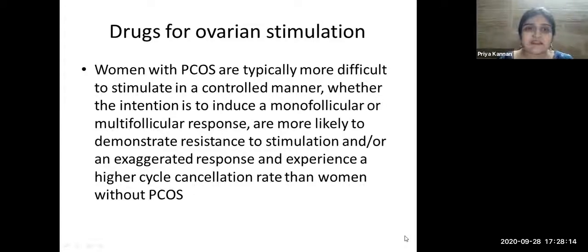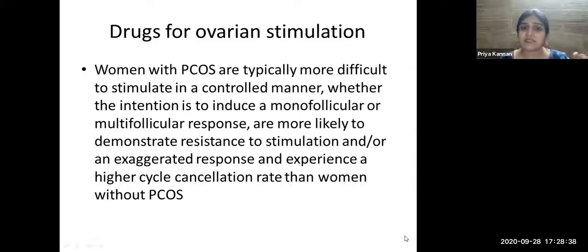The basic thing that we have to understand when we start controlled ovarian stimulation for women with PCOS is that they are quite difficult to stimulate in a controlled manner. Whether the intention is to induce either monofollicular or multifollicular, it is quite difficult to stimulate them. They either have very high resistance to stimulation.